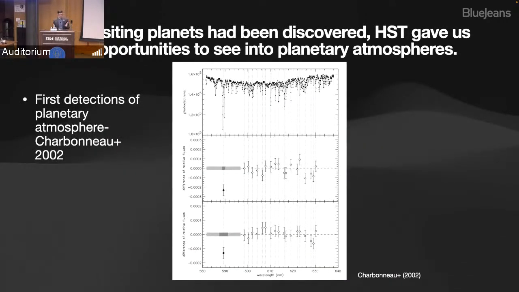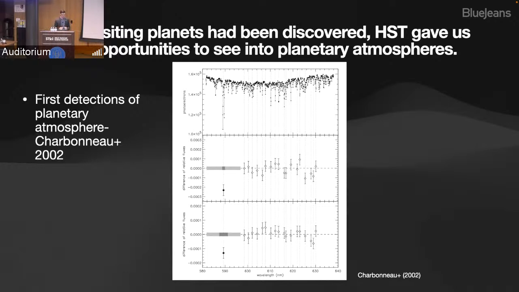And once the first transiting planets had been discovered, Hubble gave us great opportunities to study their atmospheres right from the start. Only 2 years after we had found the first transiting planet, we were able to confirm that it did in fact have an atmosphere, with this not so great plot. Across the top is the transit depth as a function of wavelength.